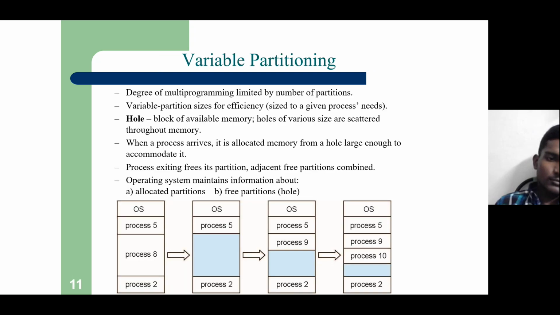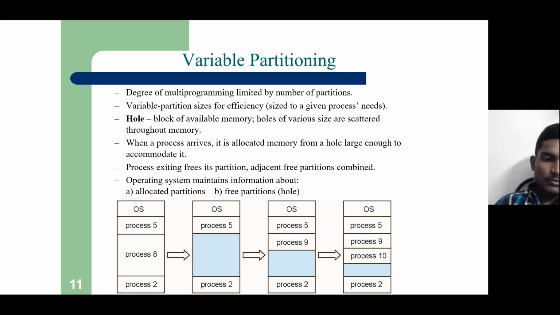The variable partition is seen here. The diagram shows that there are initially processes 5, 8, and 2. The RAM memory is filled here.